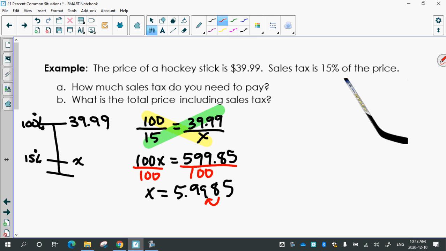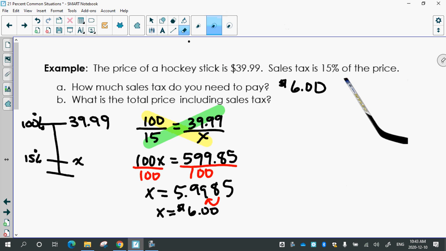What's the next cent do? It makes it $6. Does everyone see that? So if I round 599 up, it's really $6. Okay? So how much sales tax do you need to pay? $6 in sales tax.